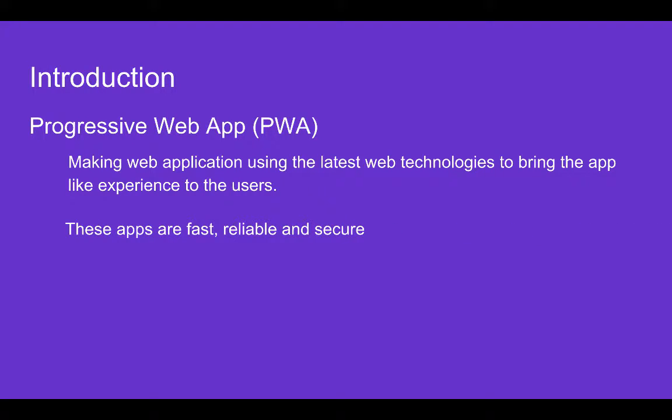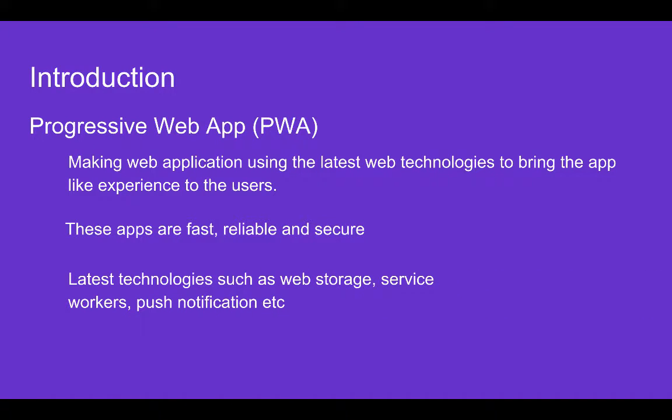It's going to be fast, reliable, secure, and network independent. So even if there is no network, the user is going to see some base content. These technologies are web storage, service workers, push notification, and a few more. We are going to build an app using all these technologies to make it a progressive web app. That we'll see later.